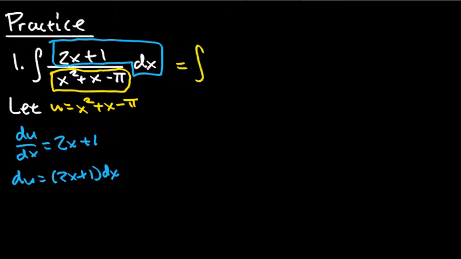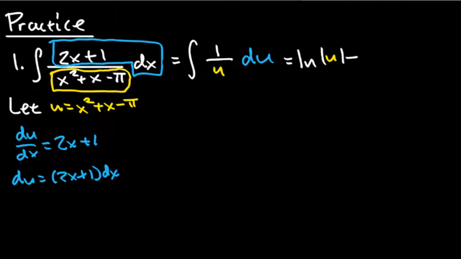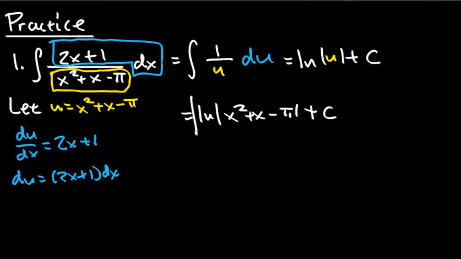So that becomes the integral of 1 over u, and then that whole thing just becomes du. So we get ln of u plus c. Well, the question is, what is u? Well, that. Just literally put that in there. Plus c. And that's it.